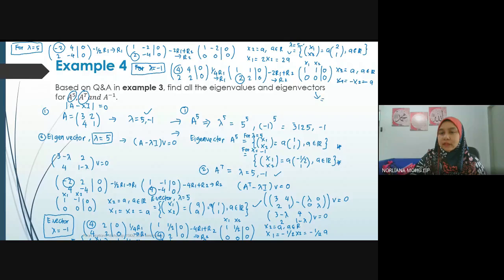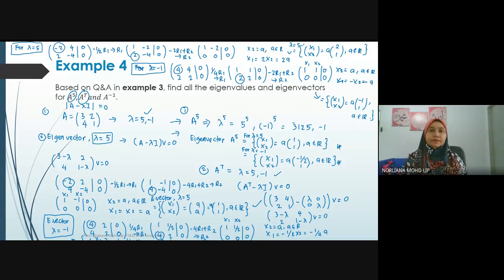So ada akan dapat the eigenvector equal to x1 and x2, a negative 1 and 1. A negative 1 and 1. Okay, kalau untuk yang ni, yang original A negative 1 over 2, 1. Maksudnya untuk A transpose, the eigenvector awak kena cari. Untuk yang ni. Solution dia kena carilah.